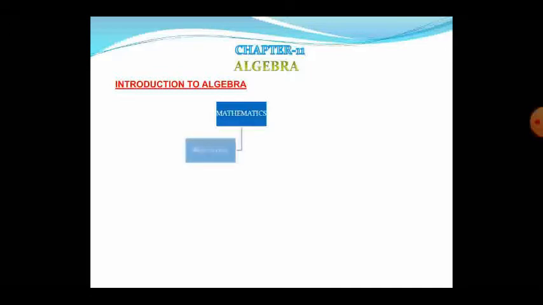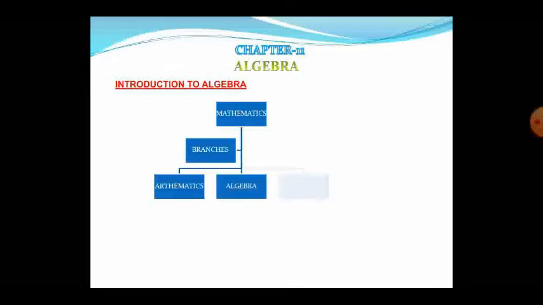In mathematics there are three branches: first one is arithmetic, algebra and geometry. You already learned about geometry and arithmetic. In arithmetic, you learned about addition, subtraction, multiplication, division, fractions, factors, decimals, whole numbers, integers. These all come under arithmetic.